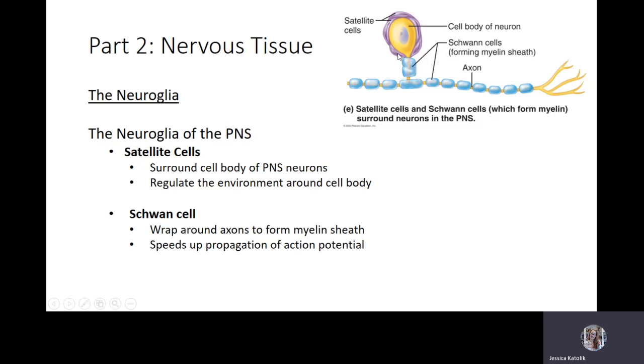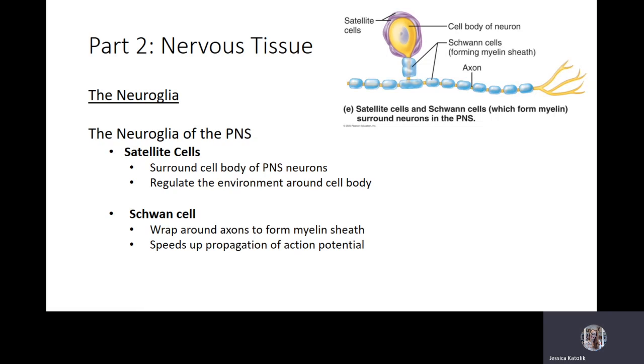So satellite cells, their major job is to surround and isolate the cell body of the neurons that are in the peripheral nervous system, and to control the local environment around that cell body. The Schwann cell, that's spelled with two N's, not one, is going to wrap around the axons and form the myelin sheath within the peripheral nervous system.